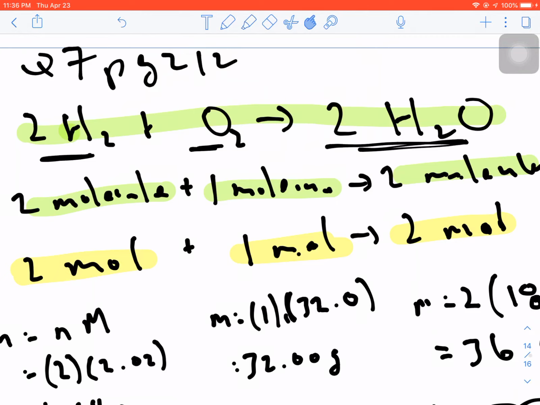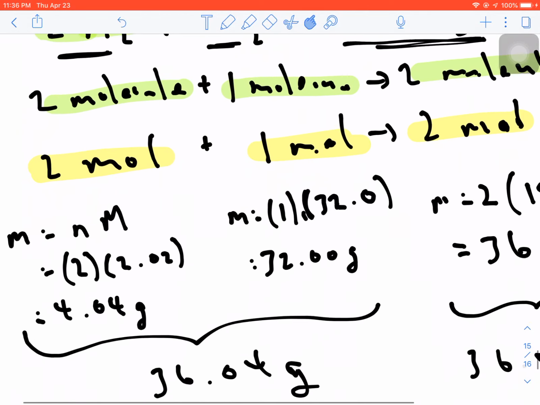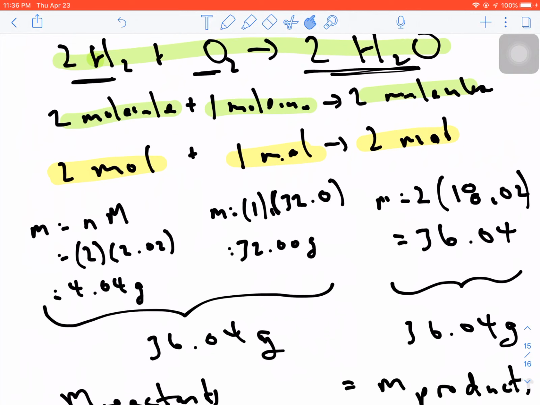So that's allowing us to look at the moles in terms of products and reactants, and then we have to extend that one more step. I'm not as much concerned about moles as I am about grams. So we did the calculation: if I have 2 moles, I can calculate the mass, because I know that mass is equal to the number of moles times the molar mass.